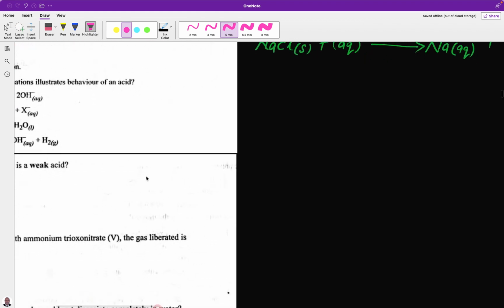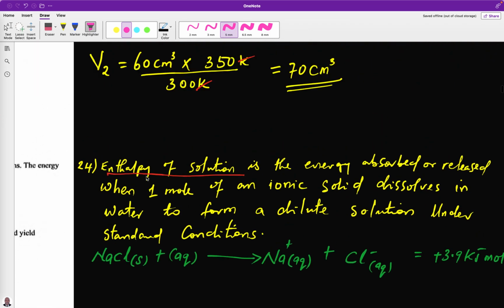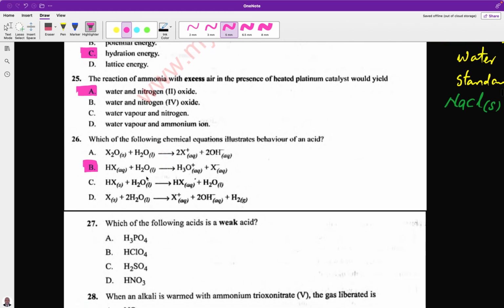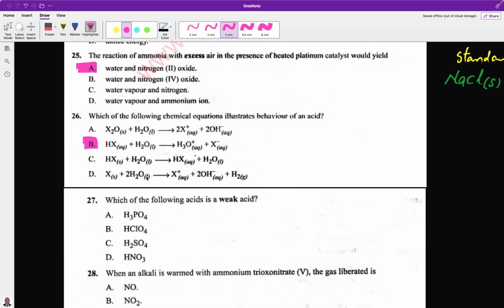So this one does not ionize completely. So that is the situation. So A is the one that will not ionize completely, or will not dissociate completely, or will undergo partial dissociation or partial ionization.